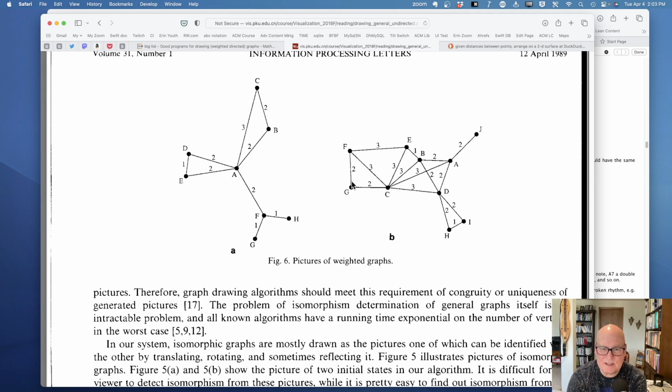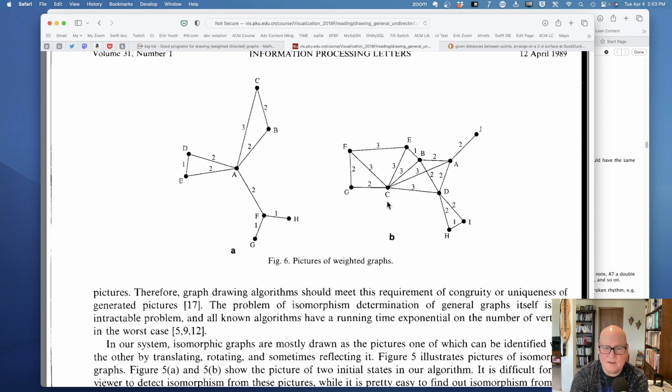So even though this looks like almost a right angle, they've adjusted it somewhat. So 3, 3, 3. The 3s all look about the same length. The 2s look a little long to me. The 1s look short enough. But they've had to adjust things and account for things to make it work.